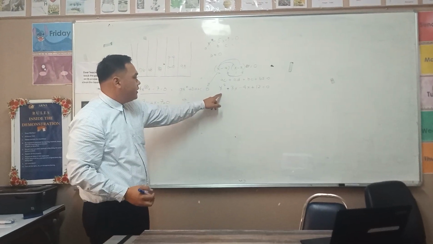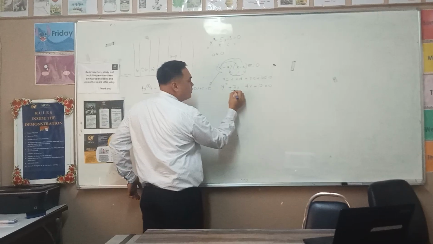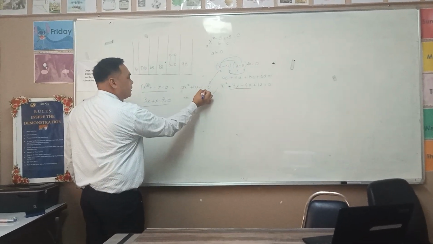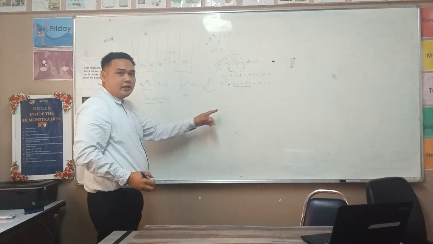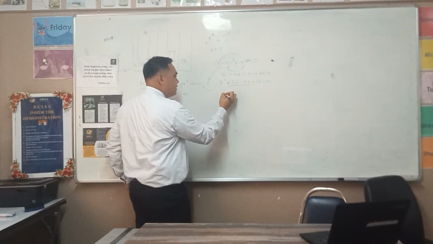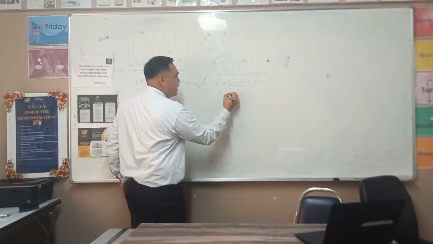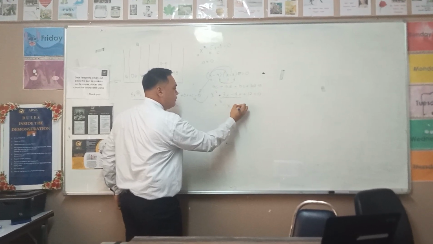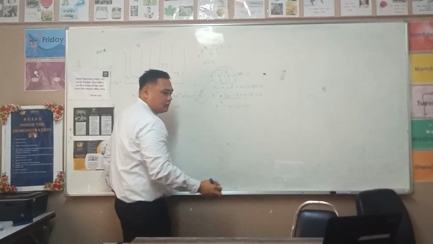This is not yet in standard form, because we can still combine terms to put it into the standard form of a quadratic equation. The answer is x squared minus 7x plus 12 is equal to 0.